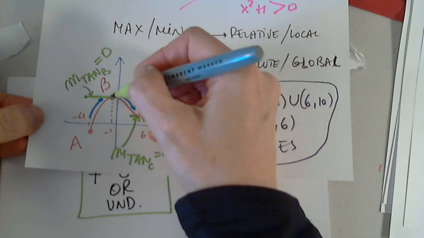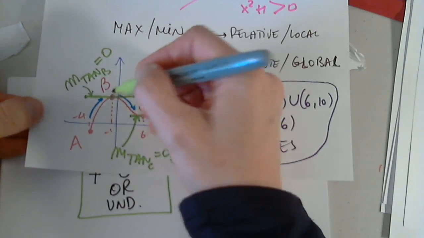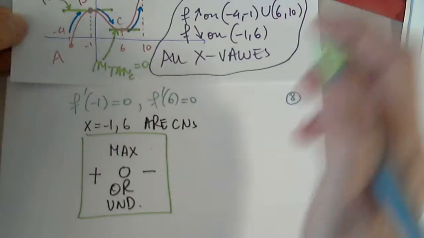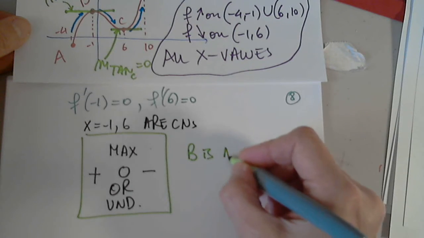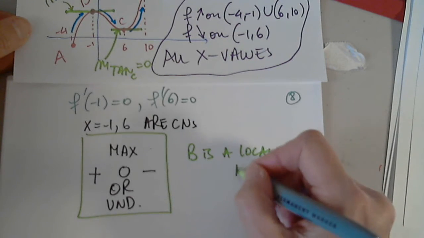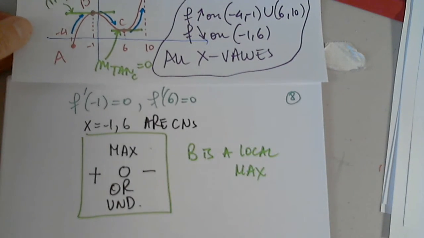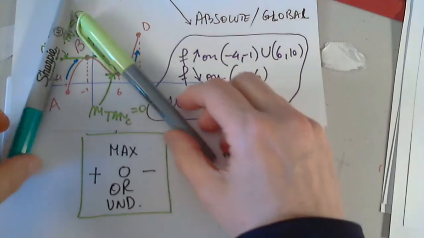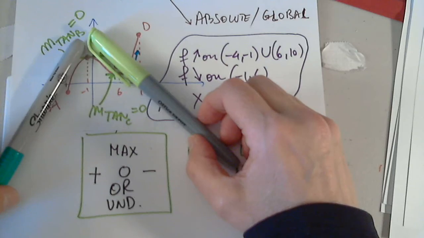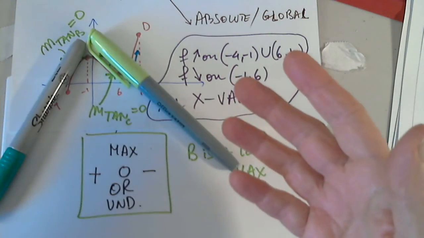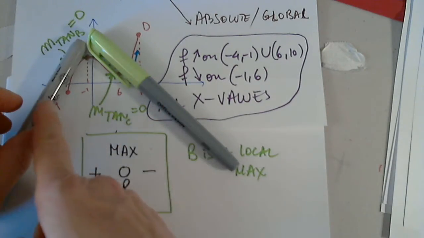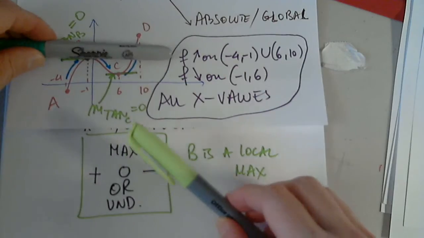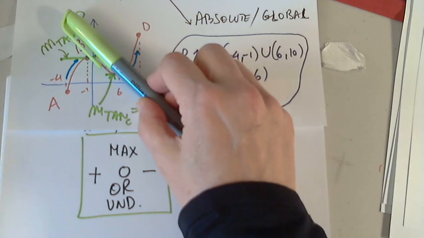Because I see that this point, B, is a local max. For B to be a local max, it is guaranteed that the slope of the tangent, in other words, the derivative, has to be first positive, then it has to be 0, and then negative.